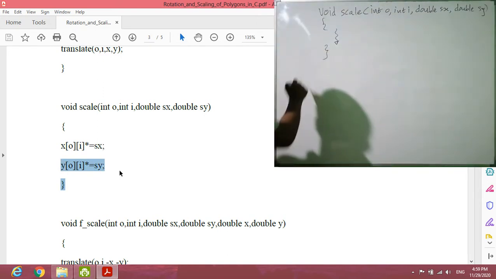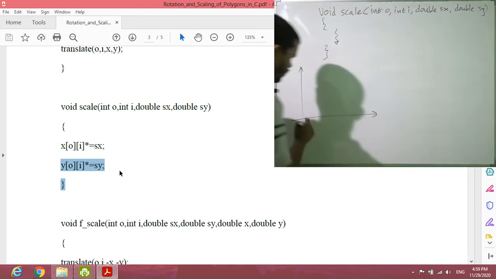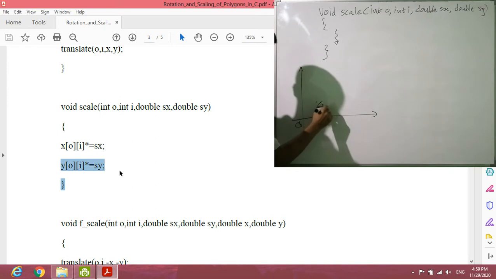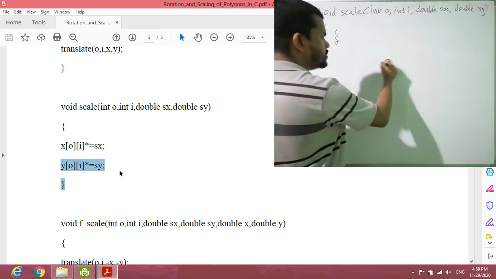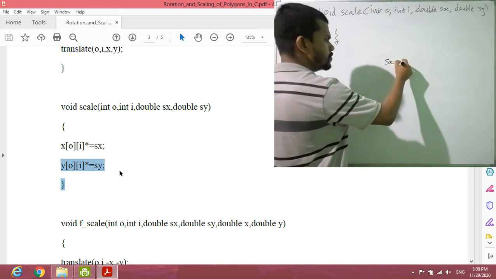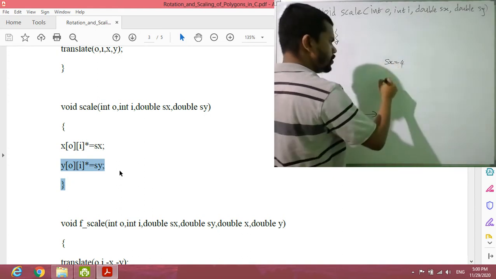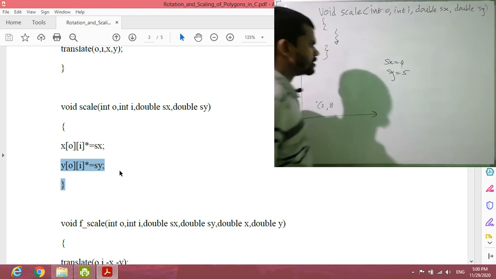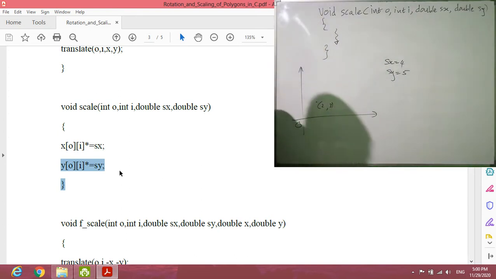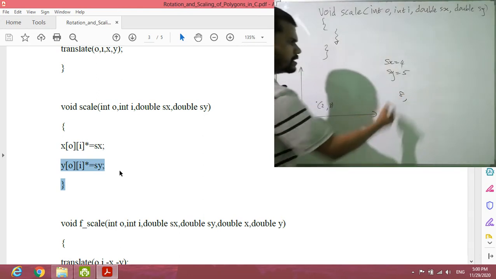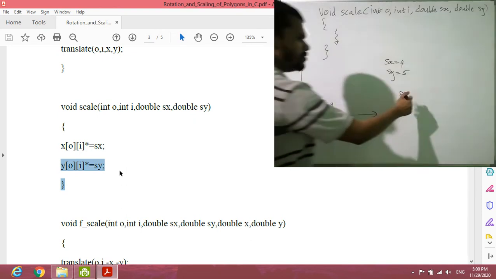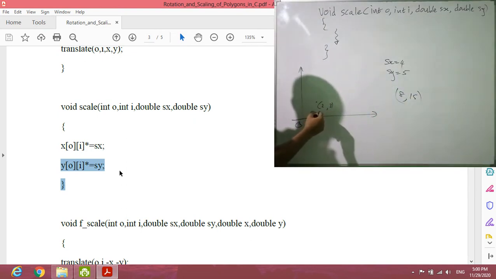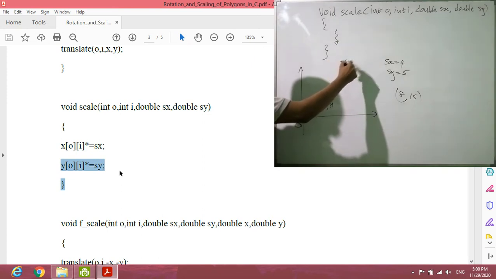So it is something like this. If our coordinate is 2, 3, and sx is 4 and sy is 5, then what happens? After execution of this scale function for this particular point, the x coordinate will be 2 into 4, which is 8, and the y coordinate will be 15, so (8, 15), let's say somewhere here.